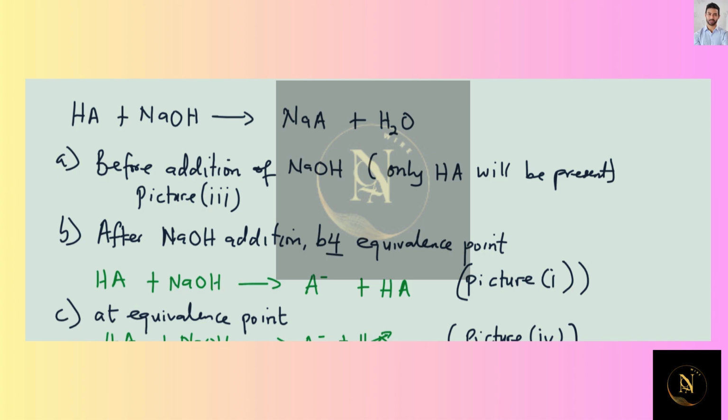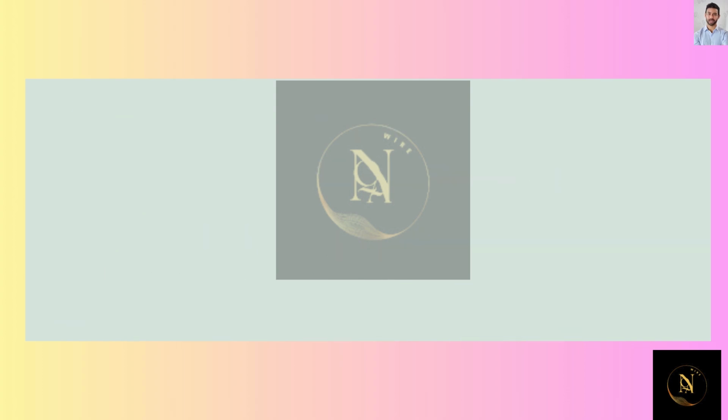Then the next question says, after the equivalence point. So after, that's D, after equivalence point, we'll have excess of OH minus.